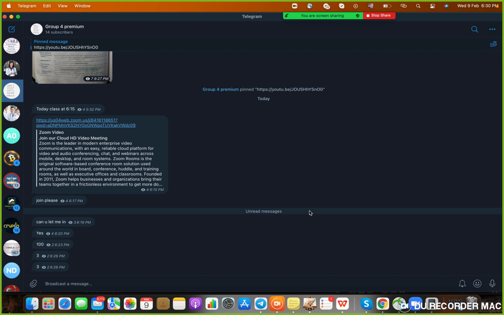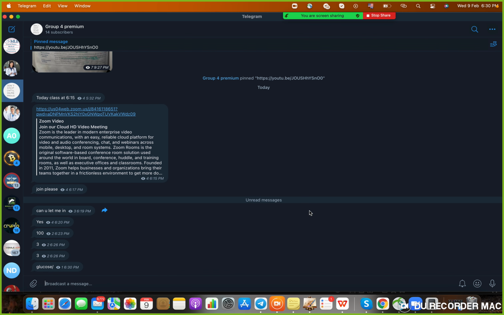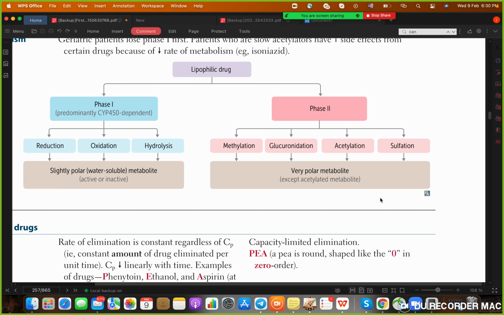The glucuronidation process. Bilirubin. Remember, UDP glucuronosyltransferase helps to convert indirect bilirubin into direct bilirubin. And the acetylation is important for isoniazid, which is a TB drug.